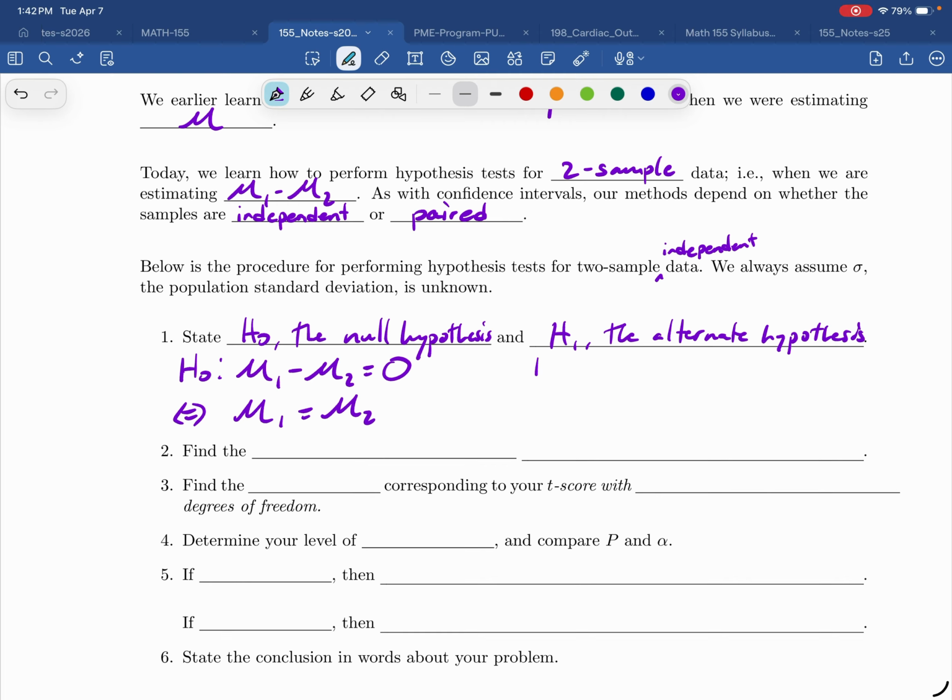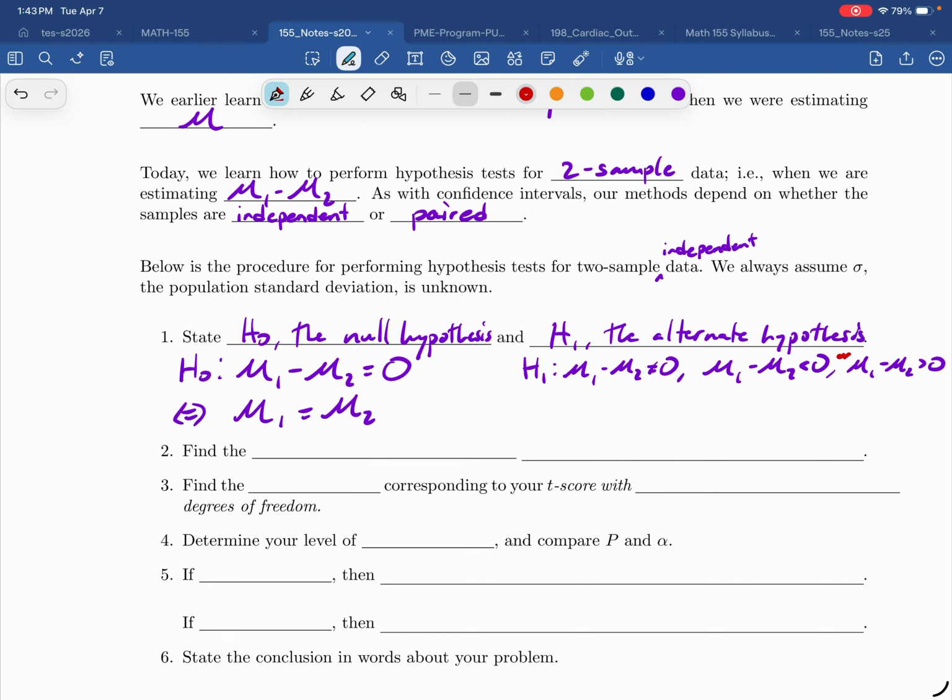Meanwhile, the alternate hypothesis is going to be one of three things, right? Either mu1 minus mu2 does not equal 0, mu1 minus mu2 is less than 0, or mu1 minus mu2 is greater than 0. It can be one of those three things. It won't be two of those or three of those. It's just one of those three things. All right, just to be clear.